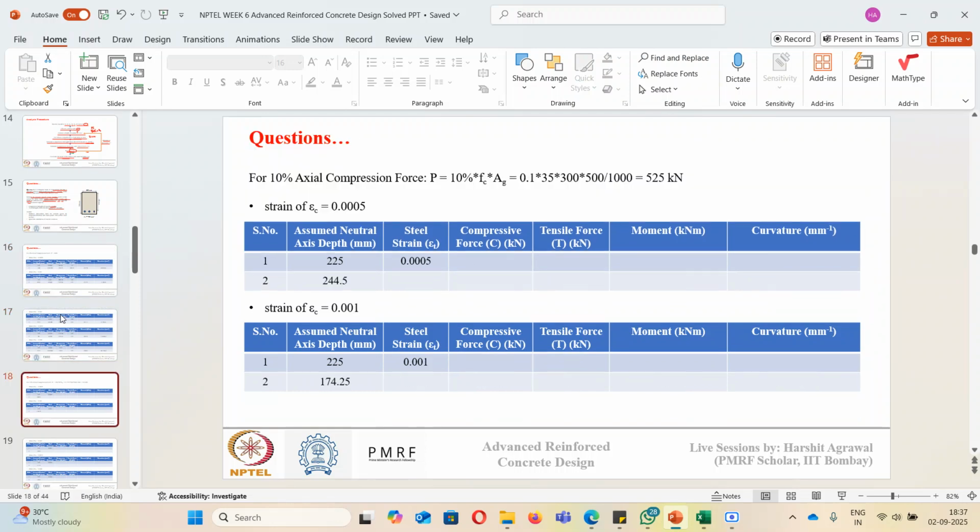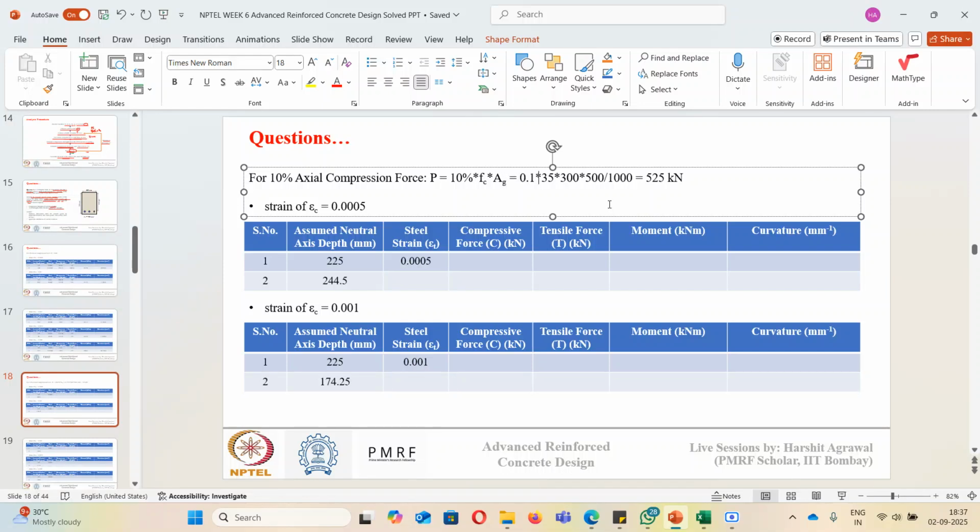Okay, now I have 10% axial compression force which is acting. Okay, so 10% of the total compression capacity of concrete. So total compression capacity of concrete is nothing but the grade of concrete times the gross area of concrete. So that's how I calculated P. P is 10% of FC times AG. AG means the gross area of concrete.